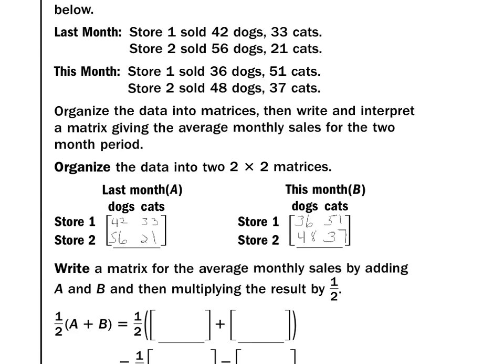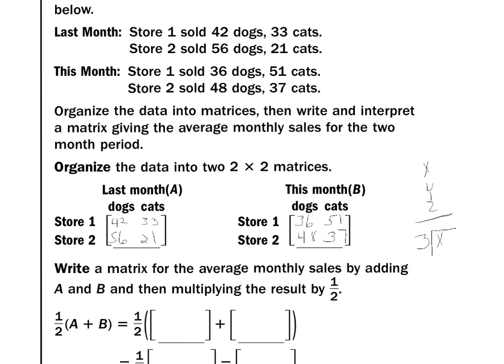Now, if I was finding the average of something, remember how to do that from your regular math classes? To find the average, you add up the terms, like X, Y, Z, and get some number, and then divide it by how many there were.